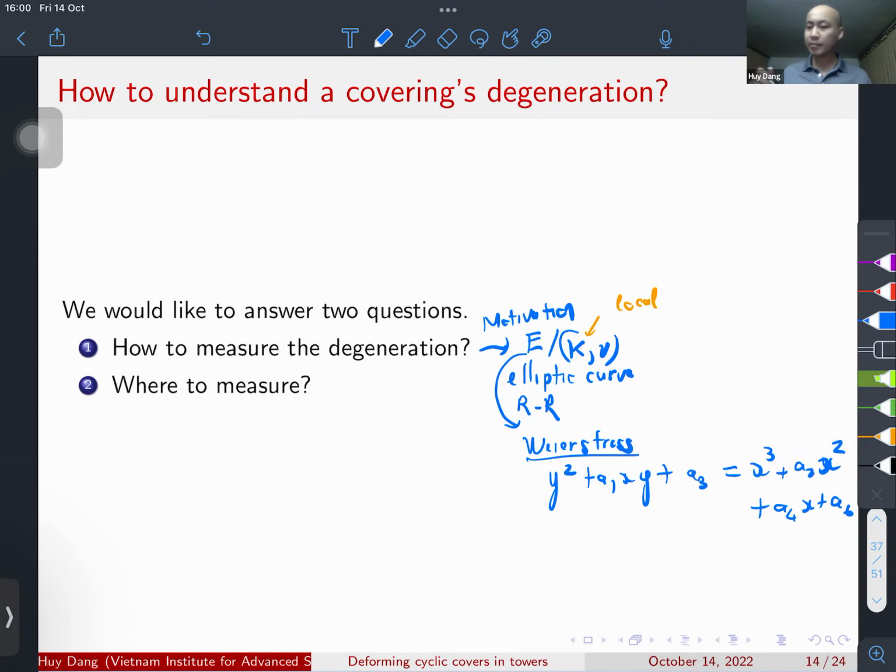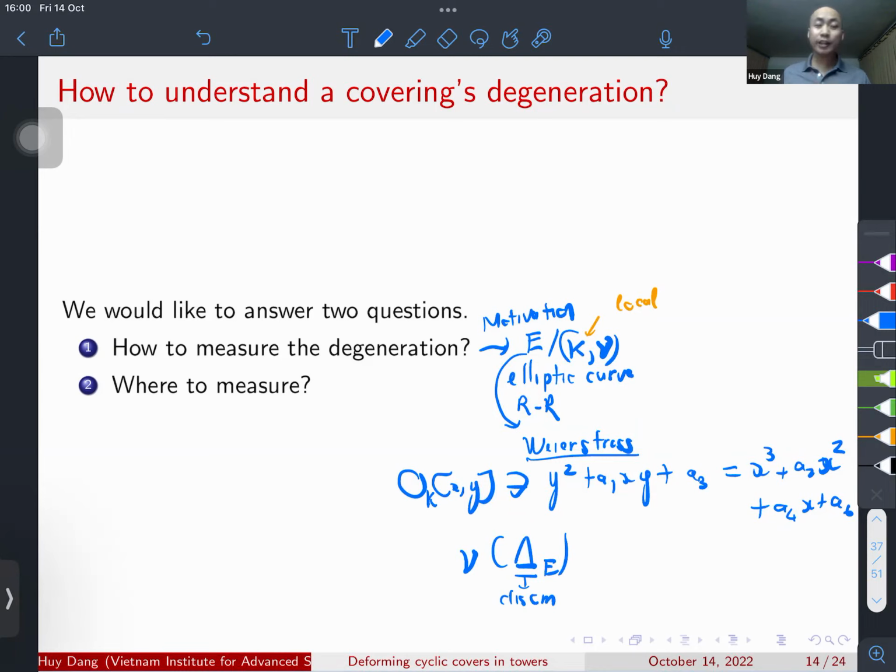However, there is something called a minimal model. The discriminant is a polynomial over O_K, so you can talk about the discriminant of the polynomial. And the minimal model is when the valuation of the discriminant of the Weierstrass equation is minimal, right?